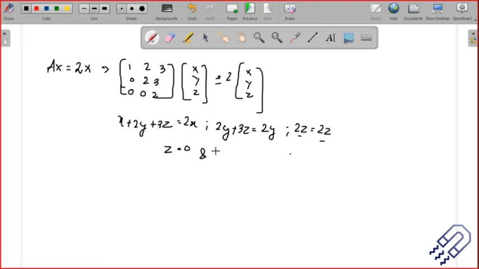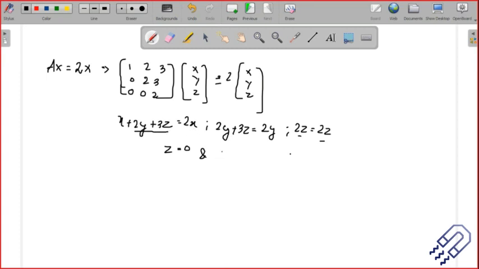Let's try solving this. What is the value of x that you are getting? What is the relation between x and y? Z is equal to 0, that we know. So in place of 2y plus 3z, we can put 2y only in the first equation.